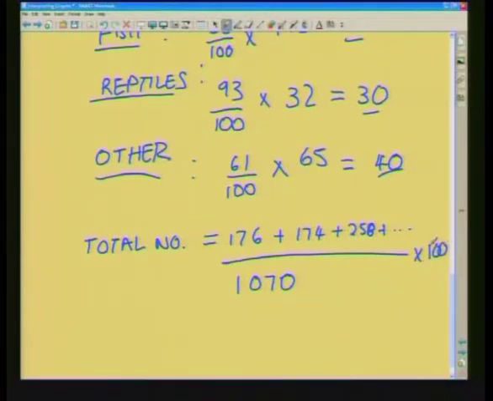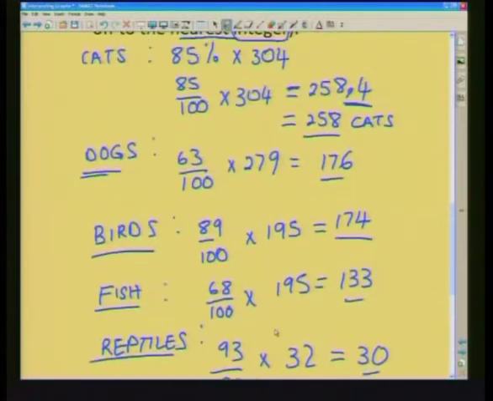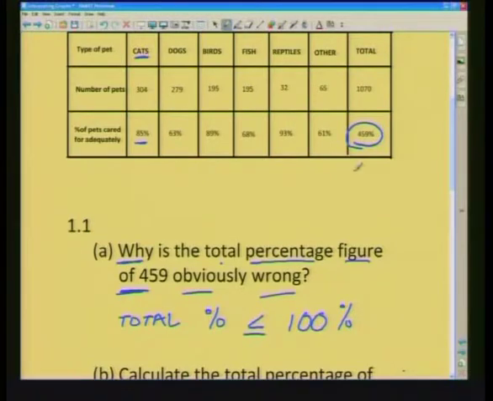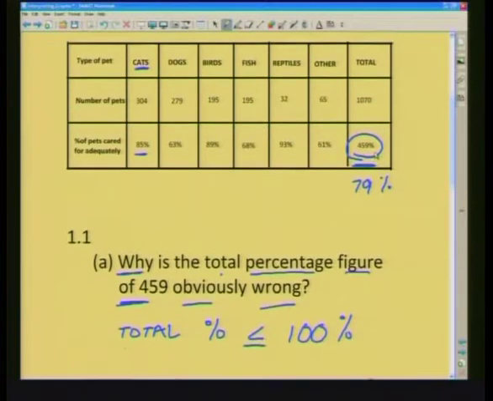I add them up, divide by 1070, and times by 100, and this will give me a percentage of 79%. So this figure, 459, was very, very wrong, because it is in fact only 79% of all pets that are cared for adequately. So you can see that this is very, very misleading.